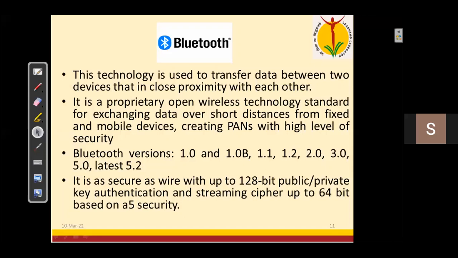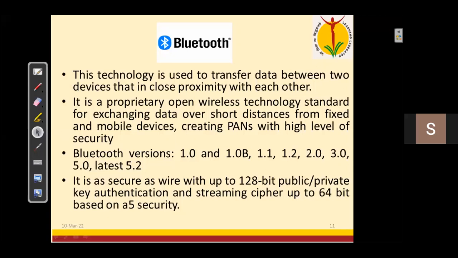And after that, the 1.2 version of Bluetooth was used to reduce the resistance to interference caused by some other devices. In 2003, this 1.2 version was designated by the IEEE standard as 802.15.1.